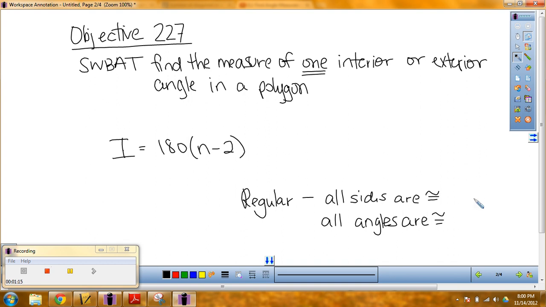So our most basic example of a regular polygon would be an equilateral triangle. So all sides and all angles congruent. Okay? So from that, we can find what each angle is.